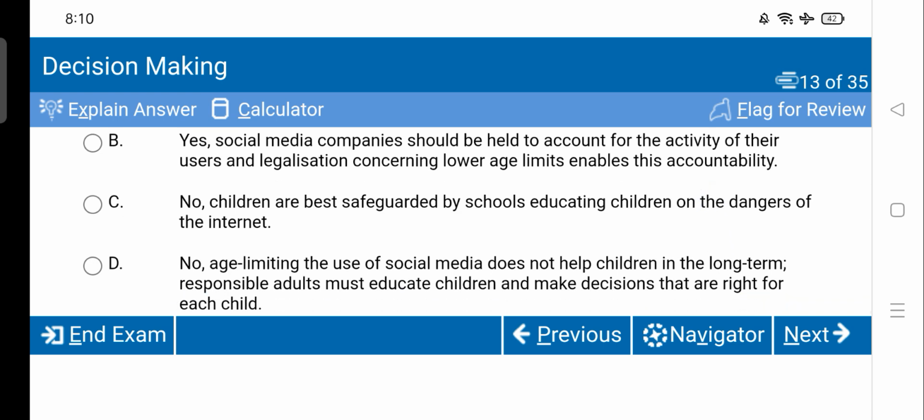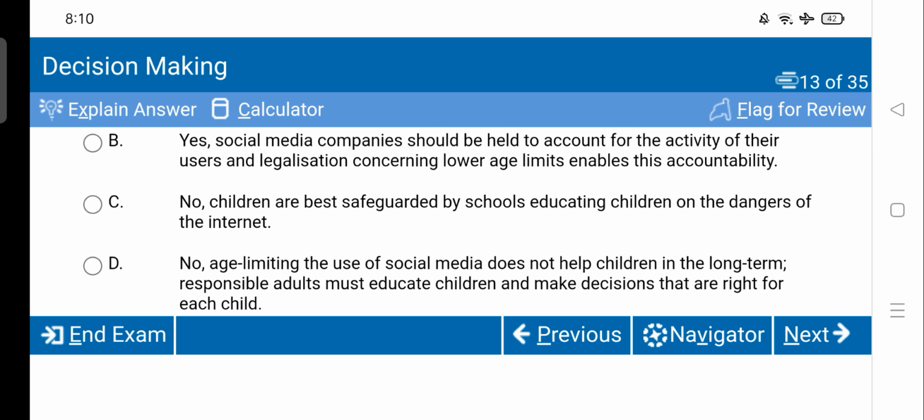Option C, no, children are best safeguarded by schools educating children on the dangers of the internet. Option D, no, age limiting the use of social media does not help children in the long term.